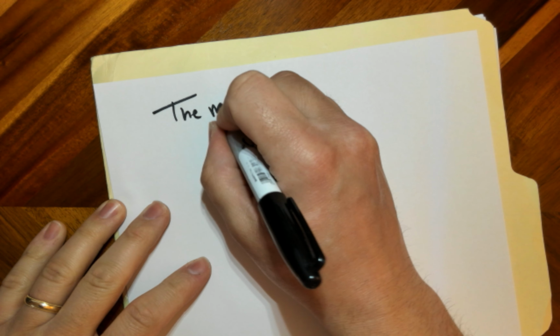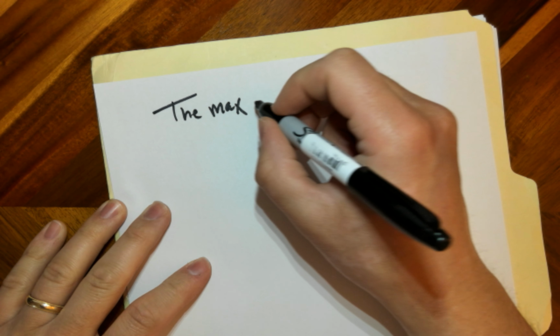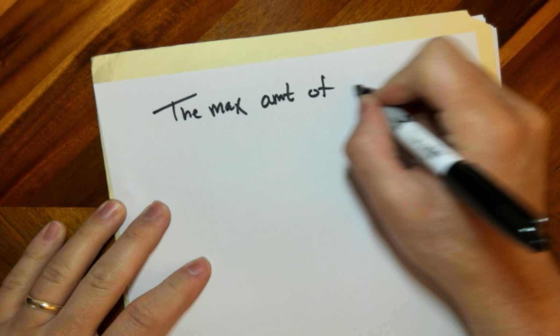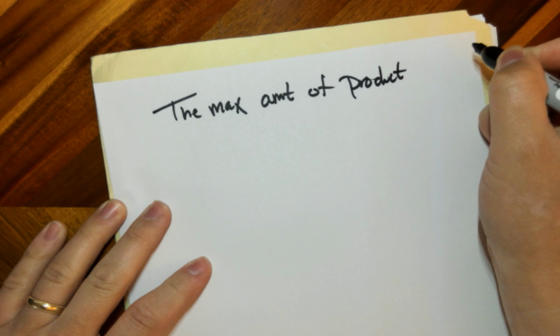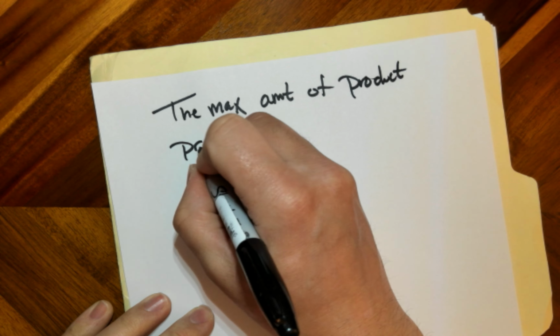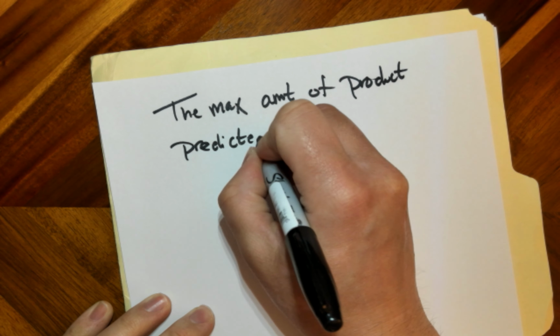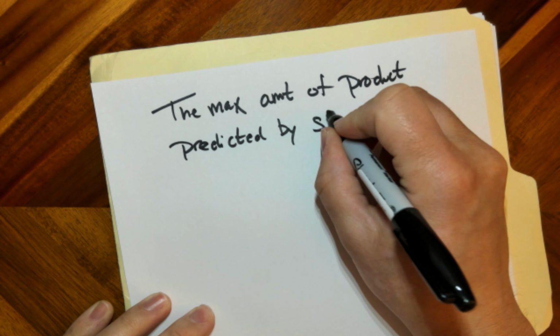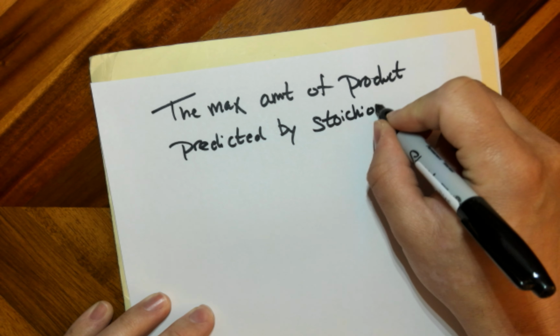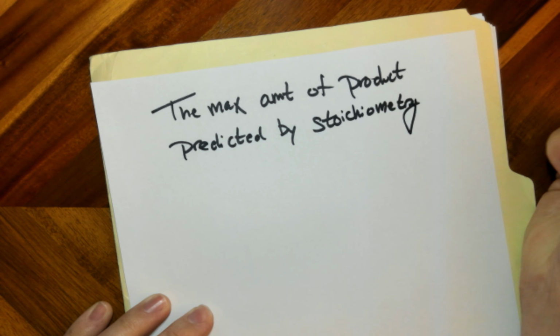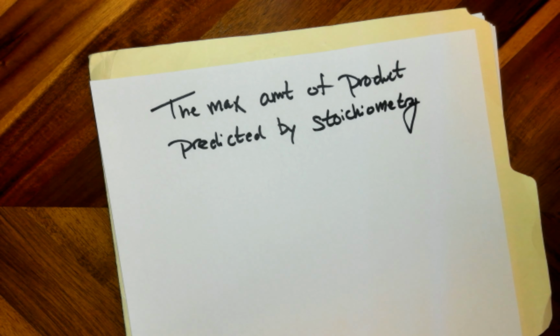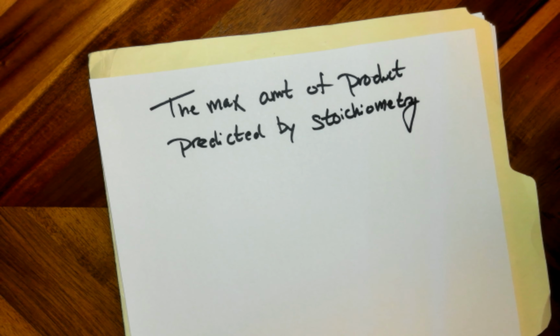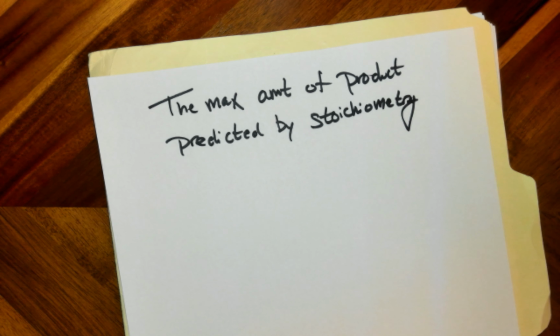A theoretical yield is the maximum amount of product predicted by stoichiometry. It's the maximum amount of product predicted by stoichiometry. And this is, of course, assuming that the reaction goes to completion and nothing is lost. And we'll talk more about that later.